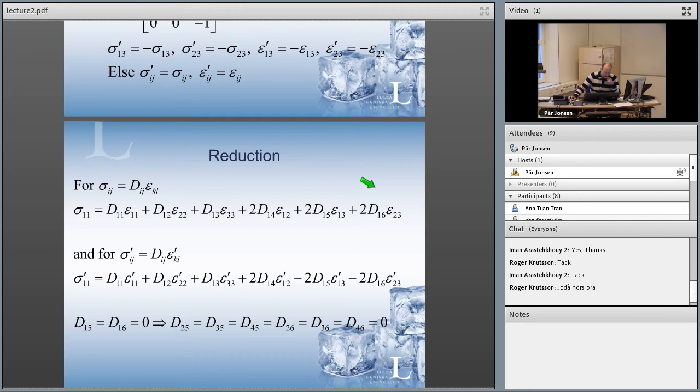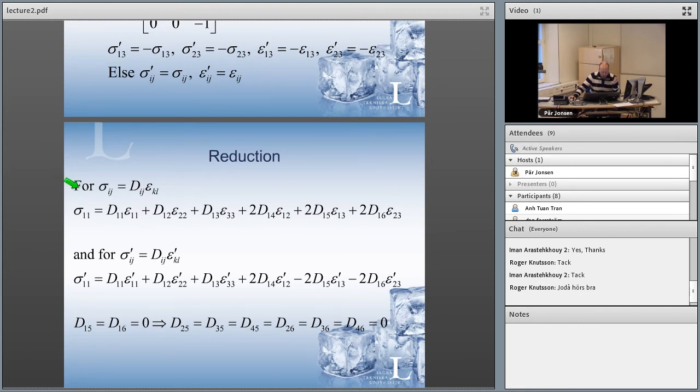So that means that D15, D16, they have to be 0. That's the only solution to get the system to work. So get rid of those. This will be 0 in the system. Then the transformation will work. And also this was just for one position, 1, 1 in the system.